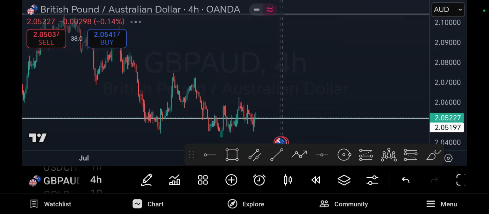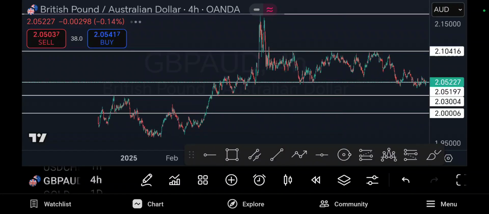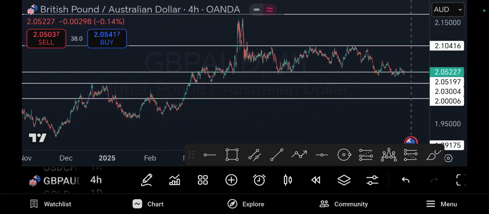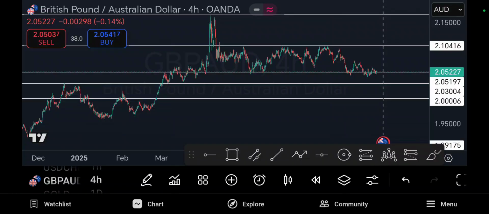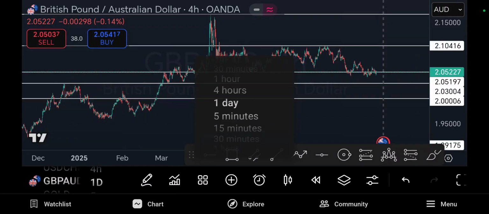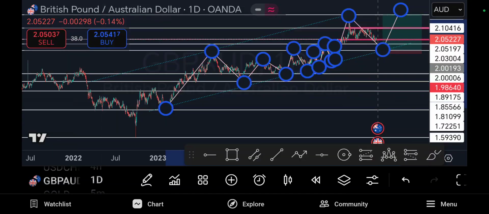So at the moment, okay, that's fine. At the moment, wait, where are my trend lines? Oh, my trend line stayed on the other chart. Okay, let me just bring back my trend lines.